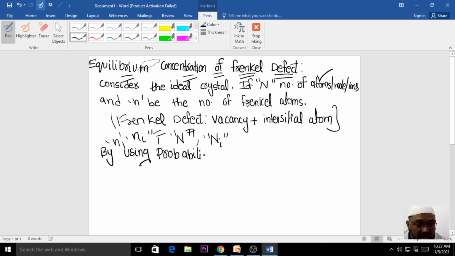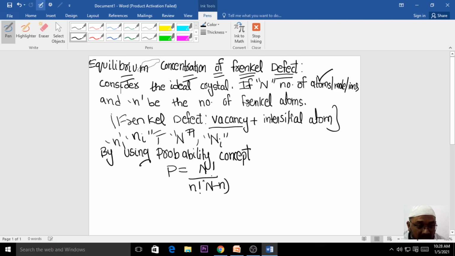The probability concept says that if you don't know exactly how many atoms there are, and you know there is a function but don't know what is actually happening inside the crystal, and exact accuracy is not applicable, then we have to use the probability concept. It uses the permutation and combination concept, where you have the vacancy plus the interstitial atom. So P is n factorial divided by how many? N factorial. So what is remaining here?